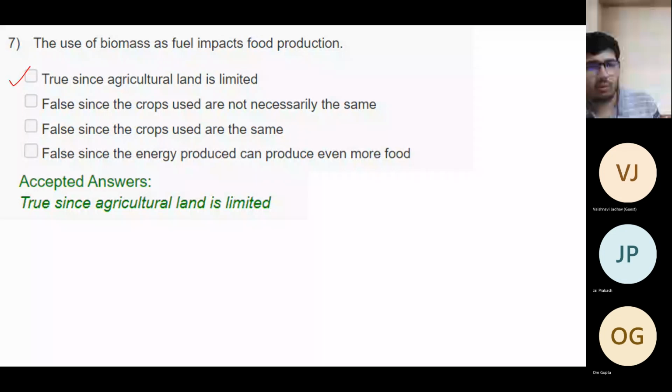Because from the same land we are getting the crop. So as we are shifting toward biomass energy production, we also have to look at this perspective. So it's very important, because agricultural land is limited.